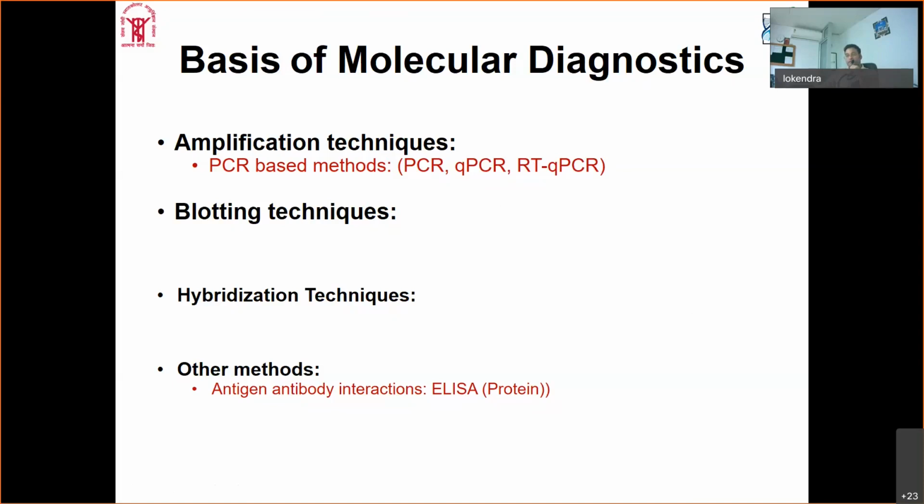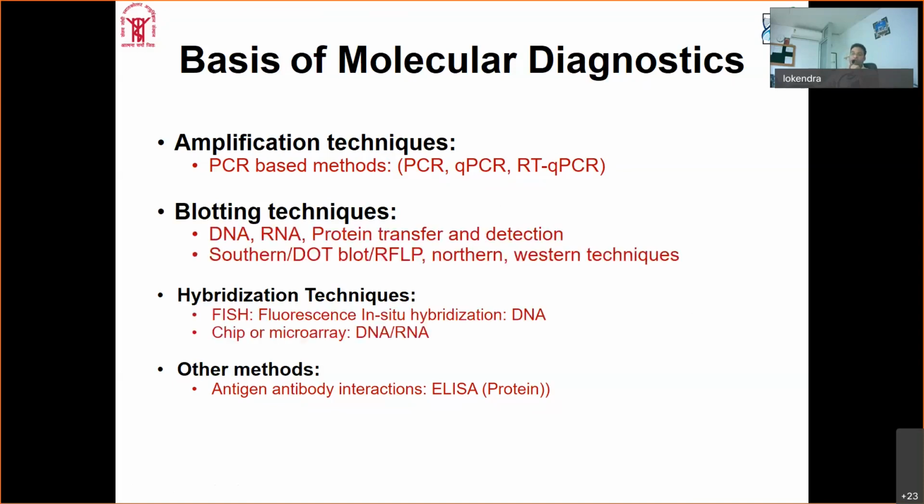The second aspect is the blotting technique, in which we first take DNA, RNA, and protein and transfer them to a semi-solid or solid support in the form of membranes or an adhesive matrix, and then eventually you detect it by using specific antibodies or specific probes.